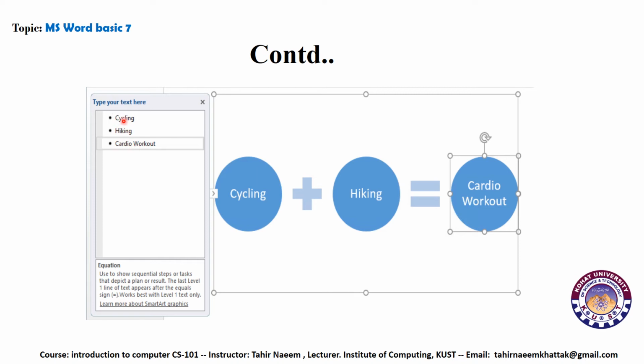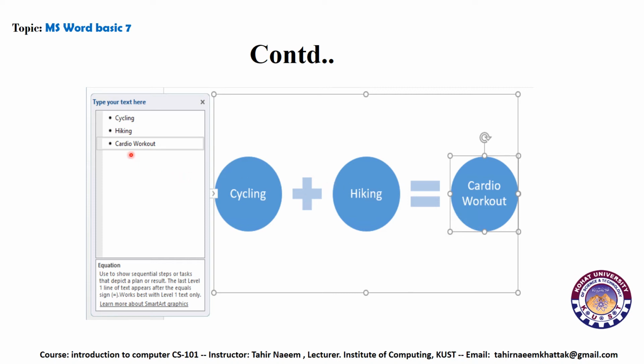Here text 1, text 2, and text 3 appear by default. When I type "cycling" here, it appears in the diagram, and if I write "hiking" in the second placeholder, it automatically appears too.